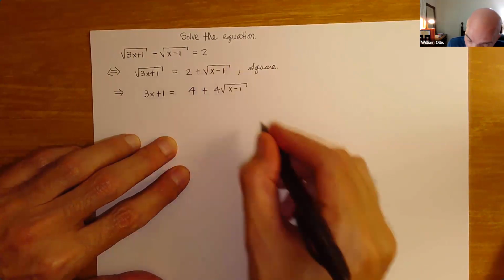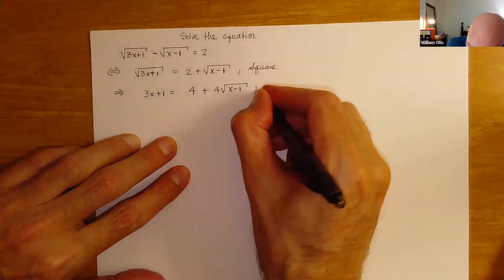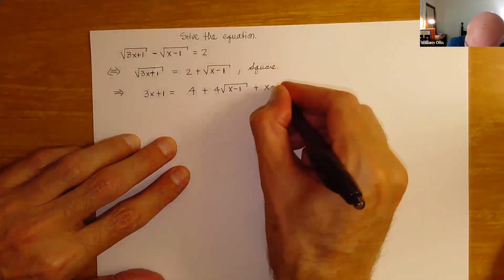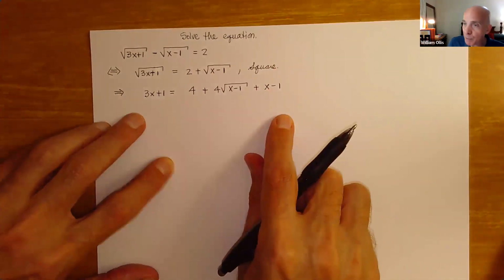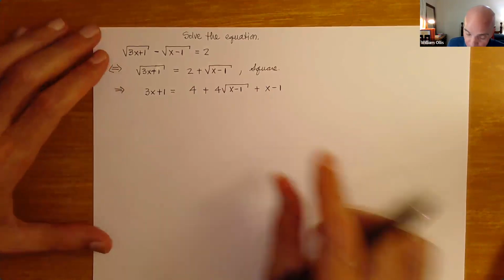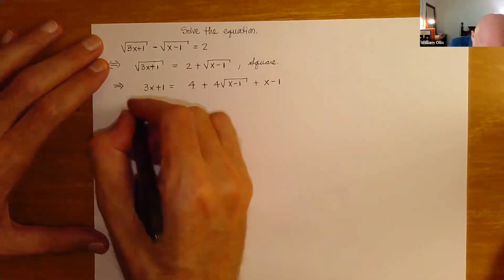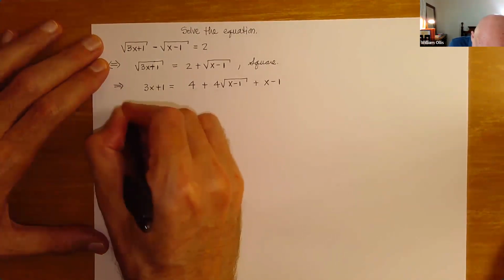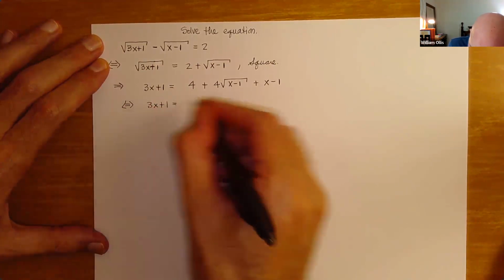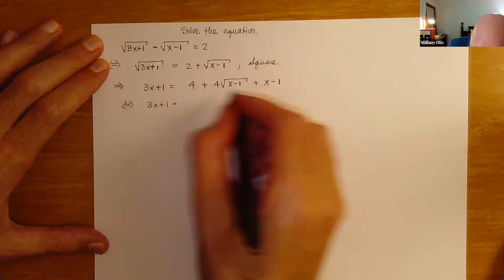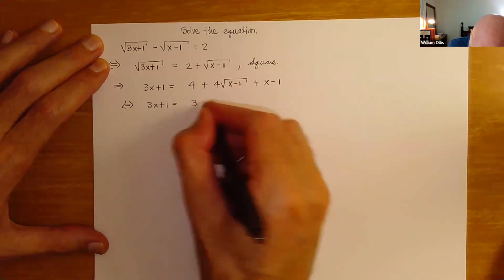And then, of course, squaring the x minus 1 radical just gives us x minus 1, or the argument. So that at least simplifies in the first step. So now let's go ahead and equivalently write the simplification. So the 4 and the negative 1, that's a 3. And then we have an x.